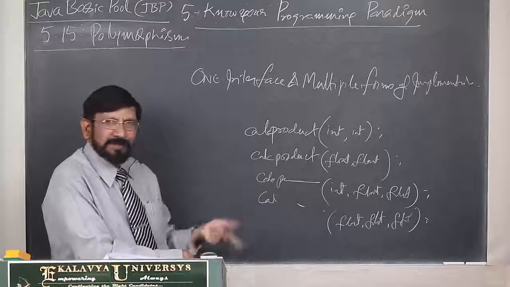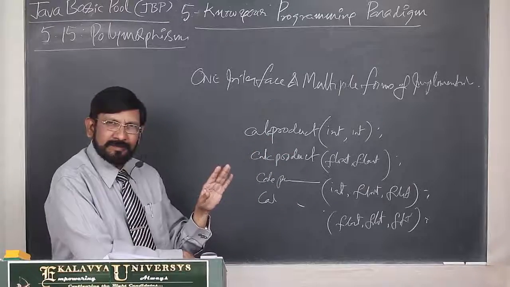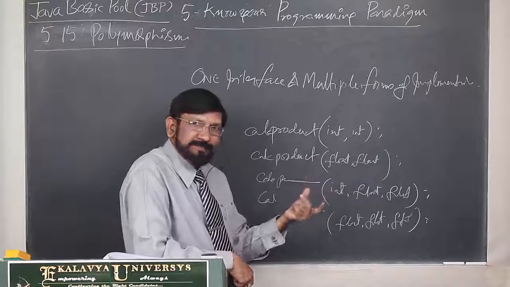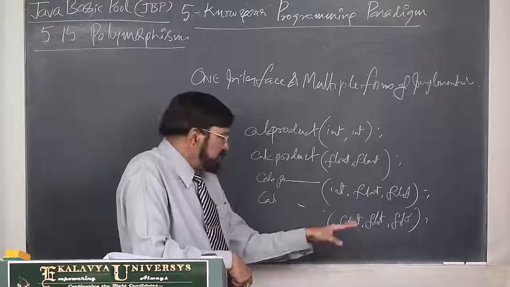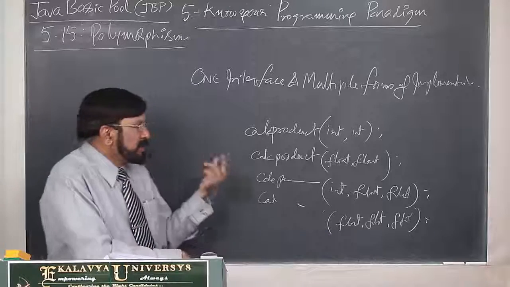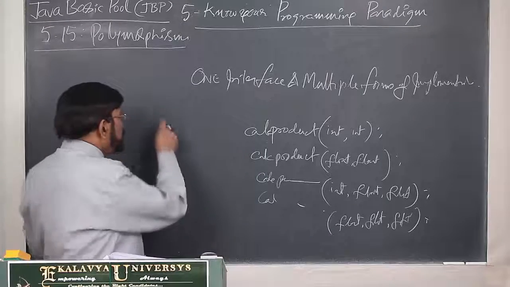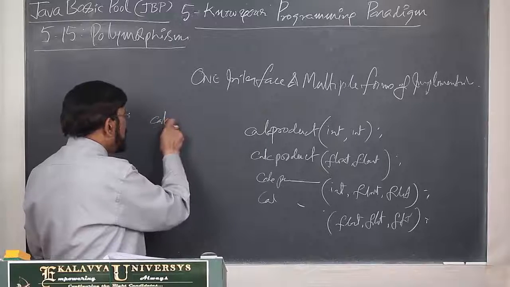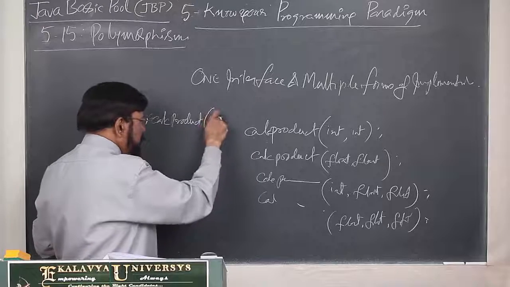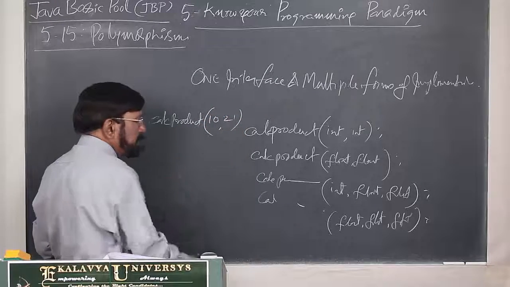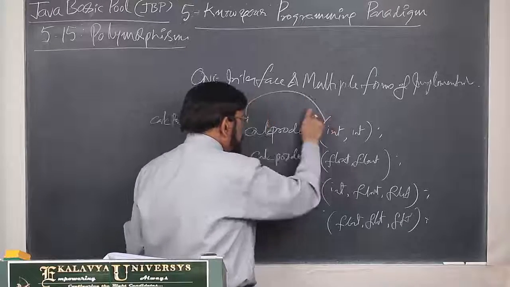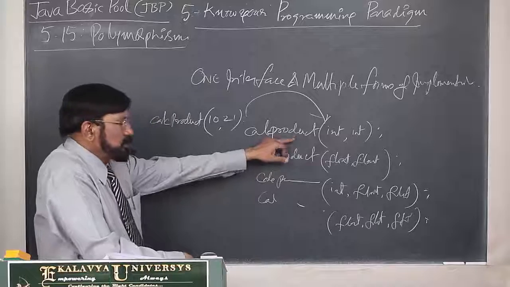Here see, the system also has calculate product, one interface, same name, but here the signature is changed. Technically it is called signature. The signature is different. Then if you pass arguments, say calculate product of 10, 21, which is the appropriate one? The compiler makes the binding. This is appropriate.